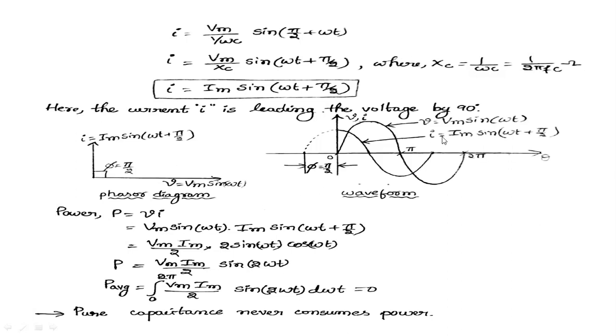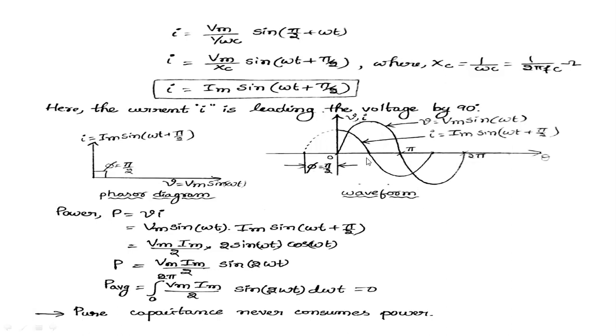Then comes the waveform. The voltage wave starts at 0, 0 to pi, pi to 2 pi, given by V equals Vm sin omega t. Before this voltage wave, the current wave has already started, at an angle of pi by 2.